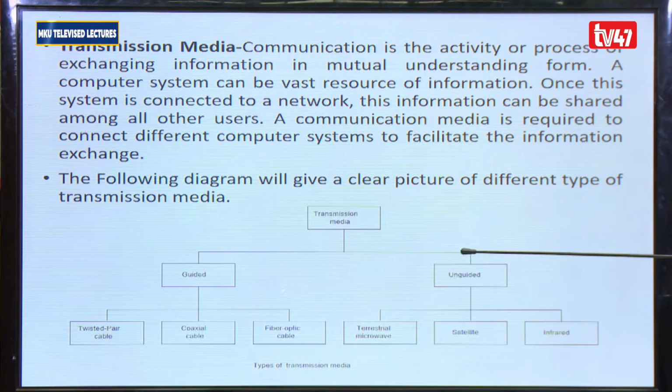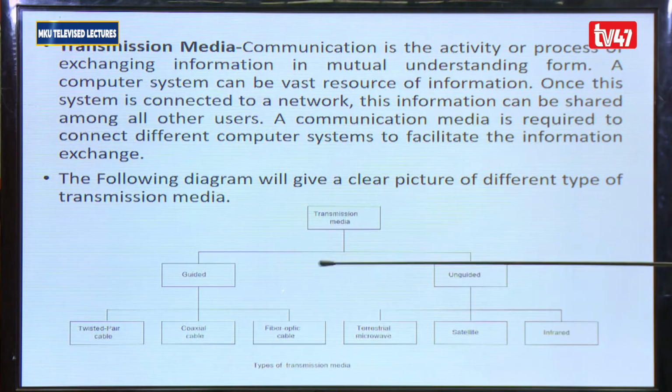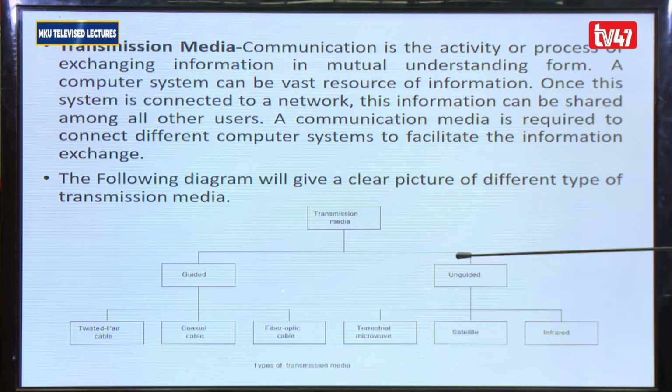When you talk about unguided, we make use of the electromagnetic spectrum. This diagram gives us a clear picture of the different types. Guided is the wired, and unguided is what we call the wireless transmission media.